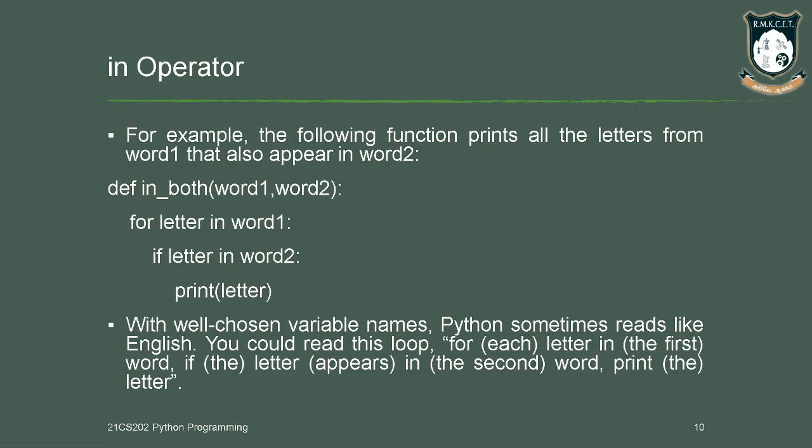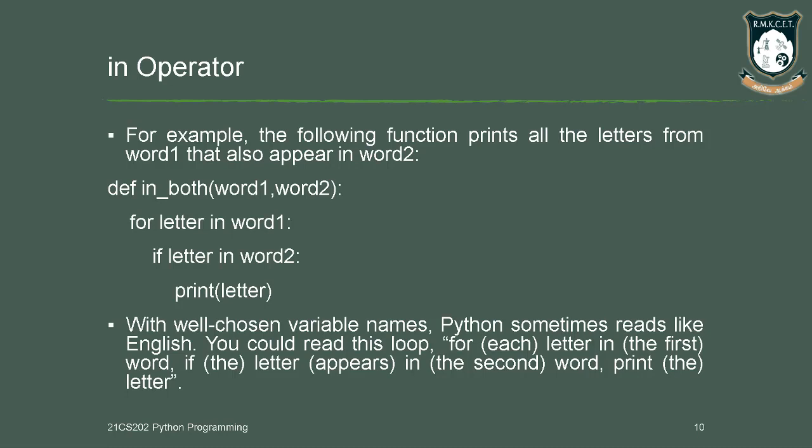If the letter of word1 is present in word2, we will print that letter. After printing the first letter, the for loop will iterate again, and so on, and the letters will be checked. All letters from word1 will be compared with word2, and if the letters present in word1 are available in word2, they will be printed here.